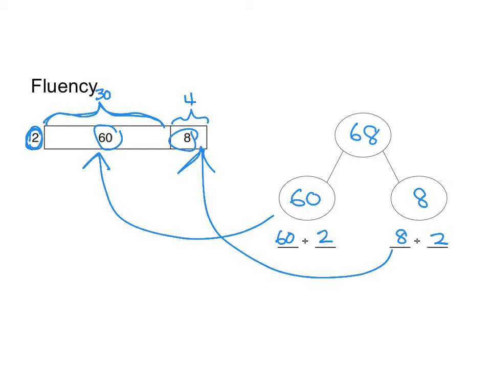So 60 divided by 2, we know that's 30, because 6 tens divided by 2 is 3 tens, or 30, and 8 ones divided by 2 is 4. So our total across the top is 34.